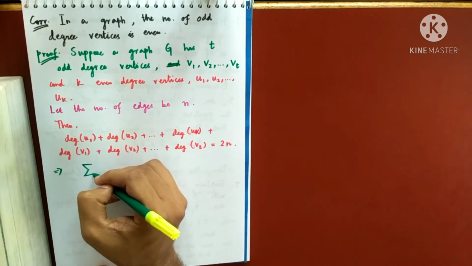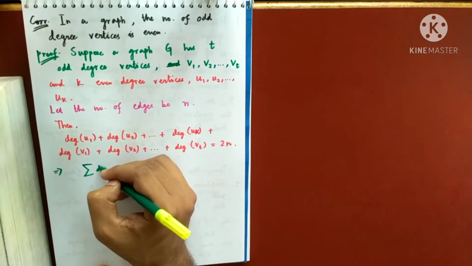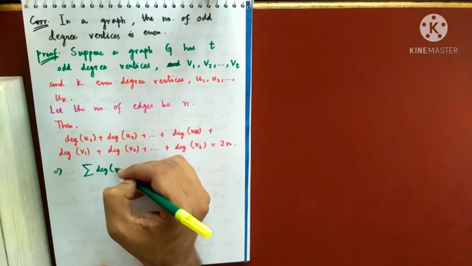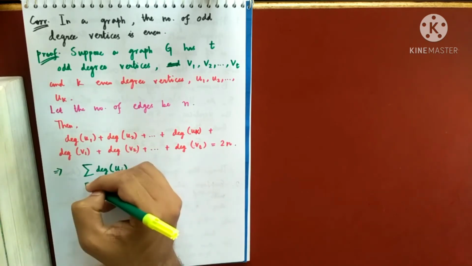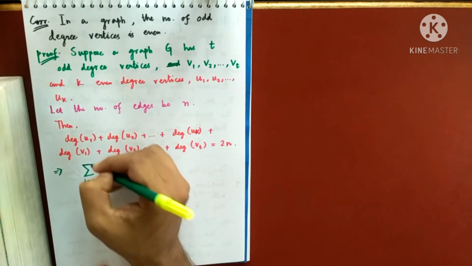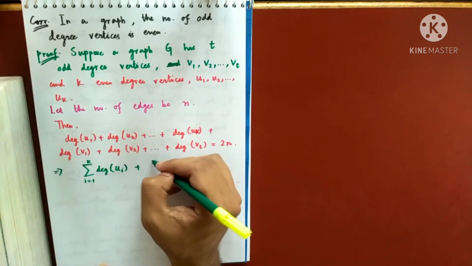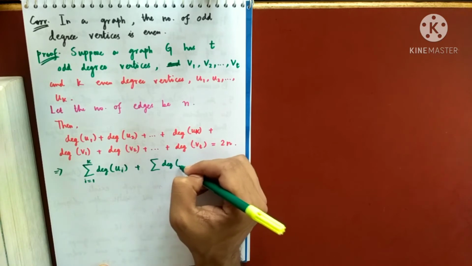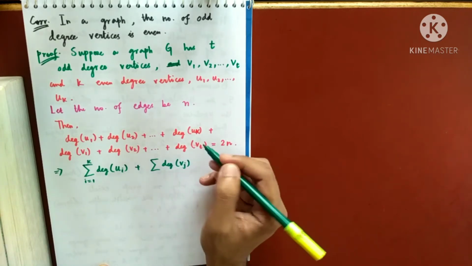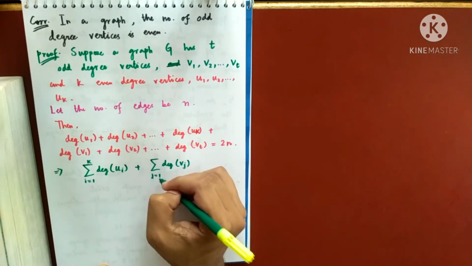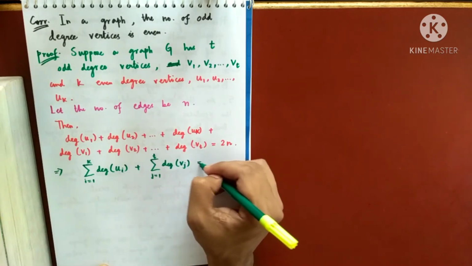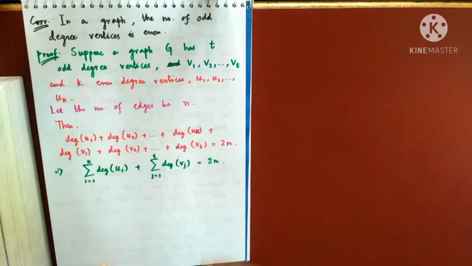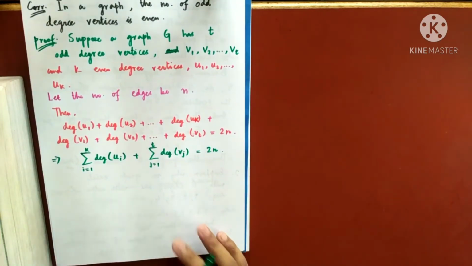Summation of degree of ui, i running from 1 up to k, plus summation of degree of vj, j running from 1 up to t, this is equal to 2n. Clear? A very compact notation that will save a lot of time.